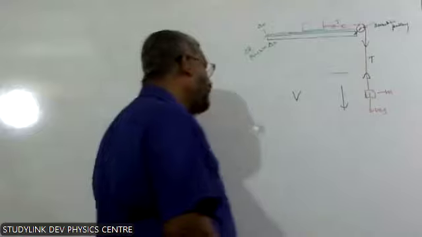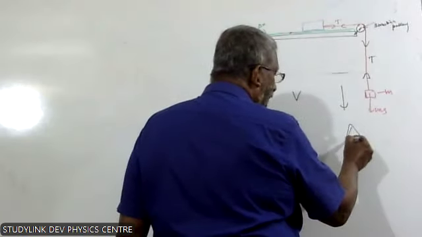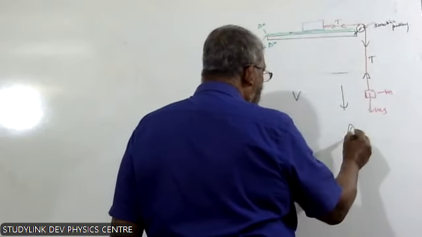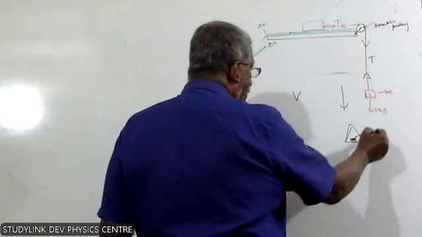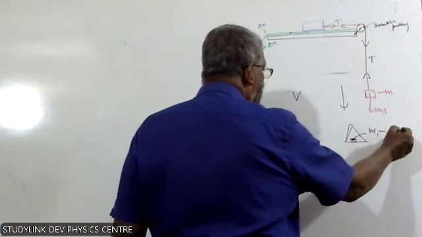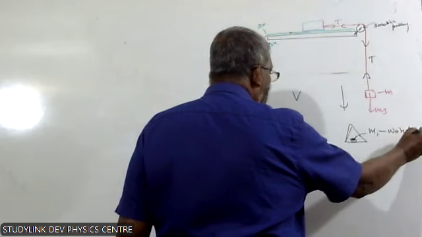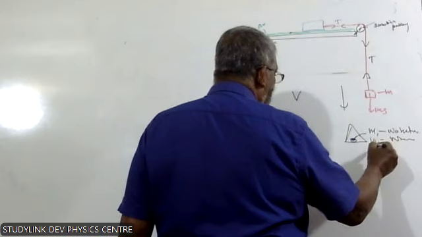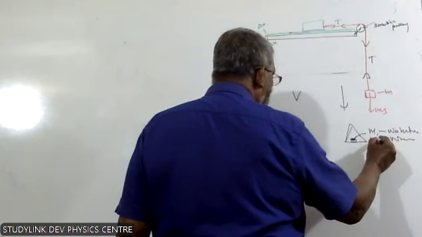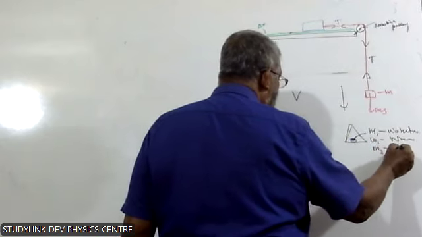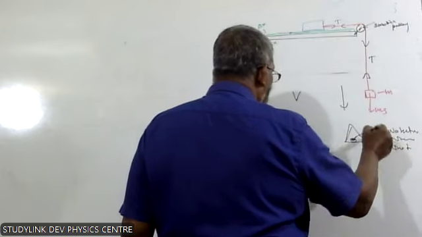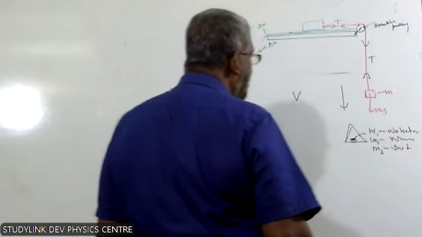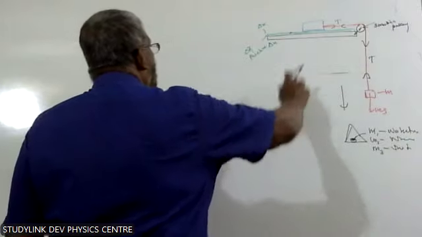Initially, instead of this, we can have a fan and introduce a small amount of M1, no motion, M2, no motion, M3 just starts. So M1, M2 weights are not enough to overcome a certain thing here.